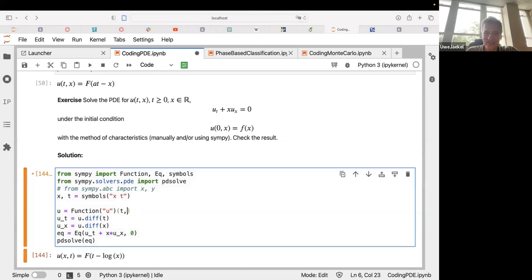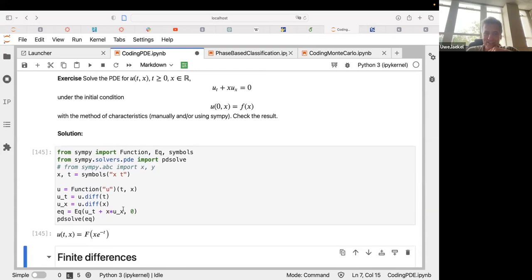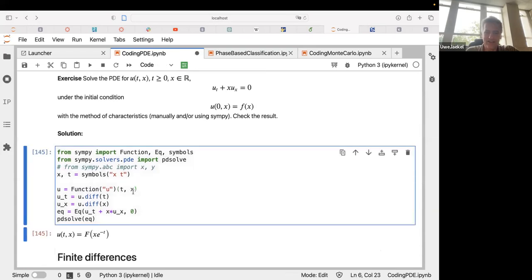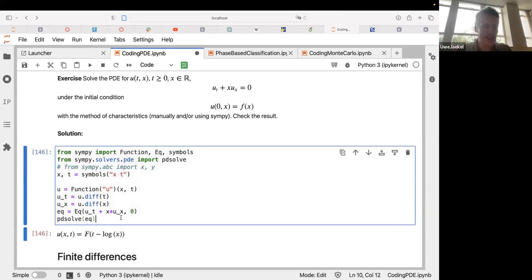So if I start with t and then x, I get this result, and if I write x and t, I get this result. That's the same as Michael got. Interesting. Sometimes this can happen. It should not.